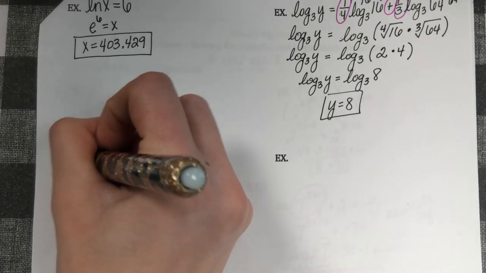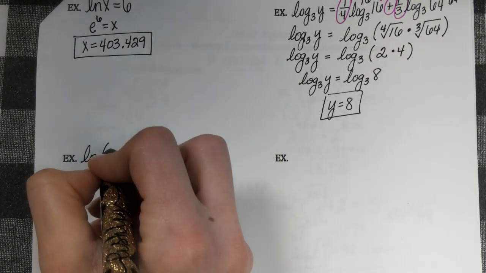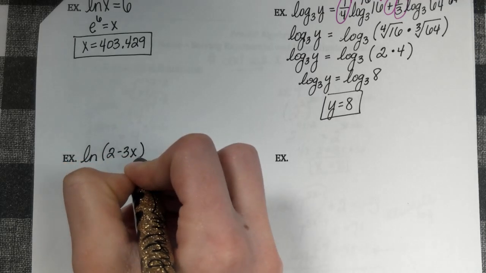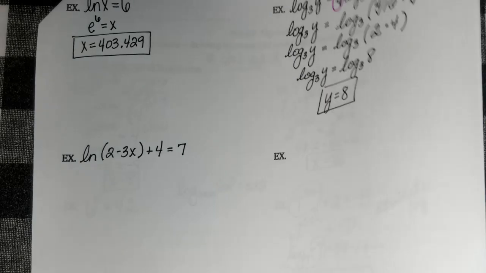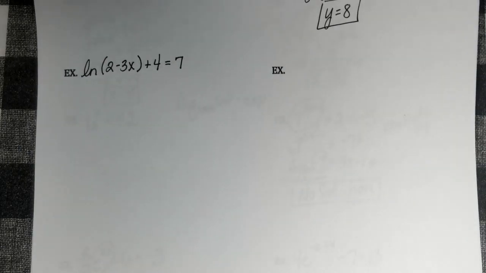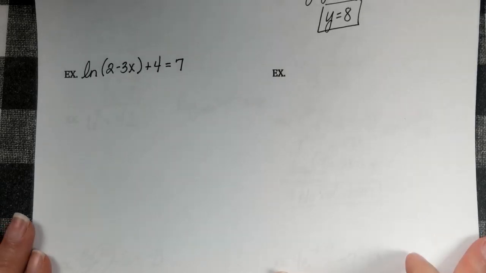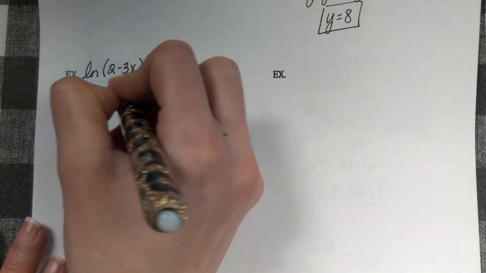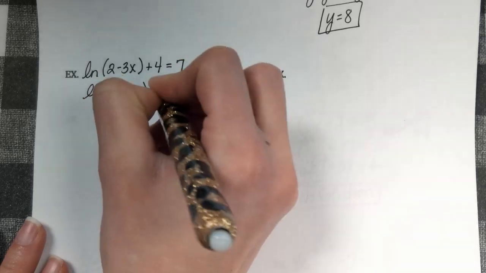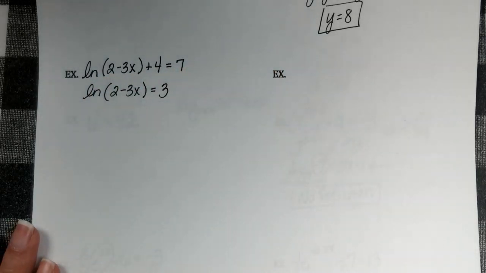So my next one, I have natural log in parentheses 2 minus 3x plus 4 equals 7. What do I do? Subtract the 4. So natural log of 2 minus 3x equals 3. And then what do I do? Exponential form.